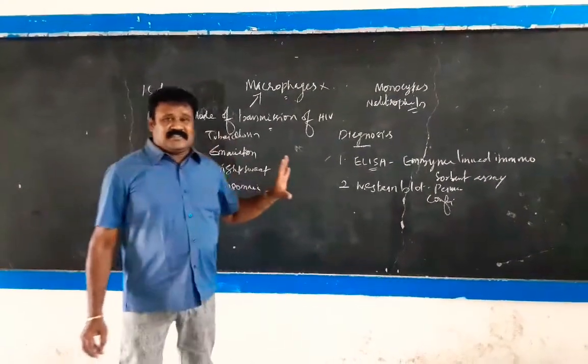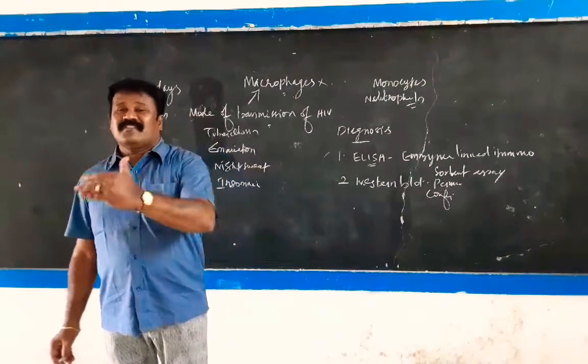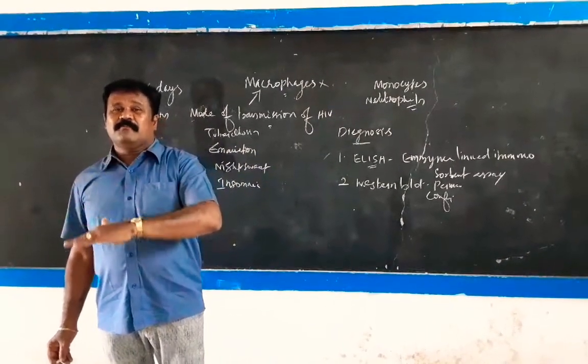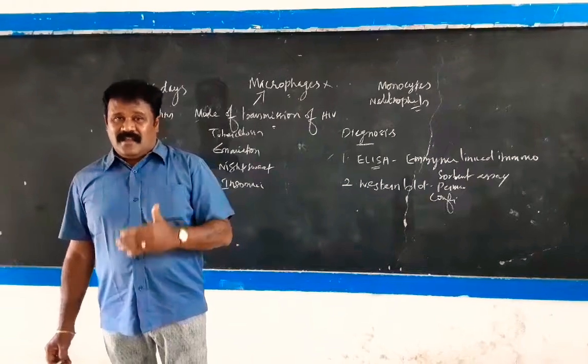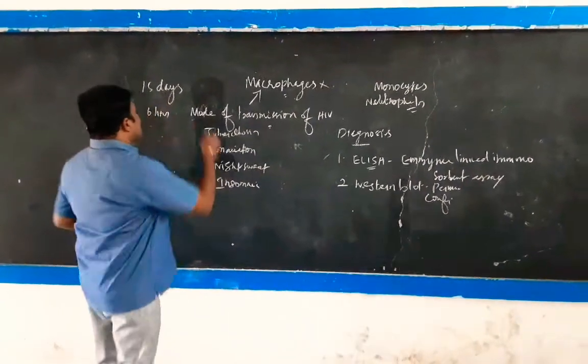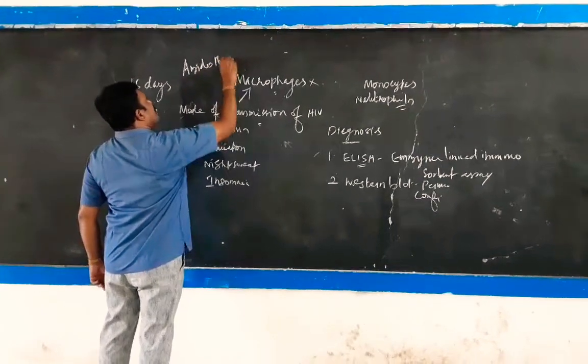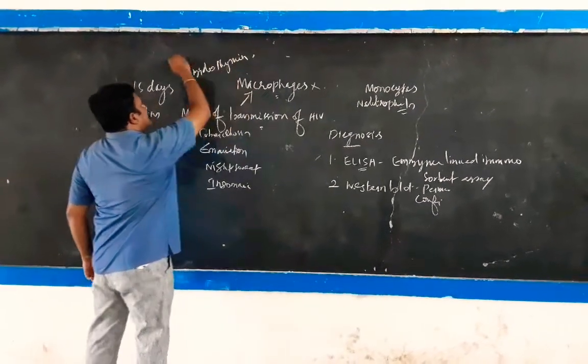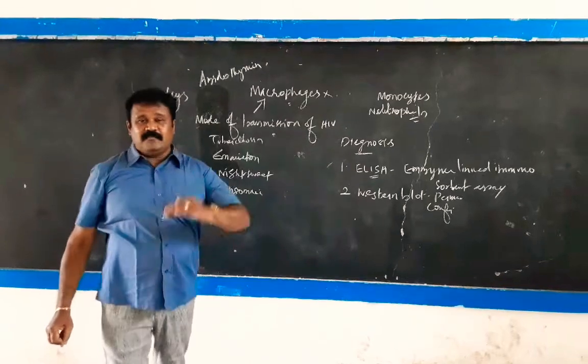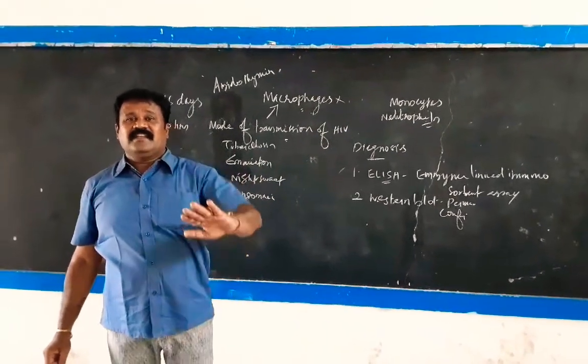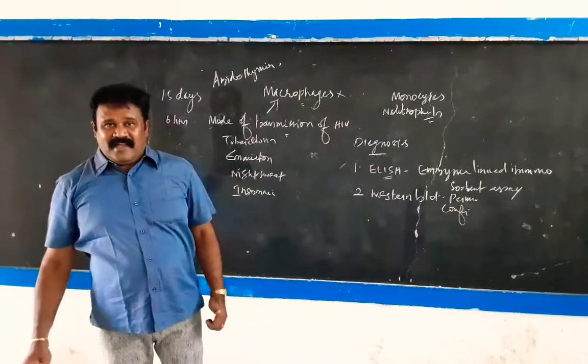Once AIDS approaches, we may prolong the duration of life, but we cannot safeguard the life. There is a medicine called acetylthymidine, prescribed for AIDS. It may extend the life, but it cannot safeguard the life.